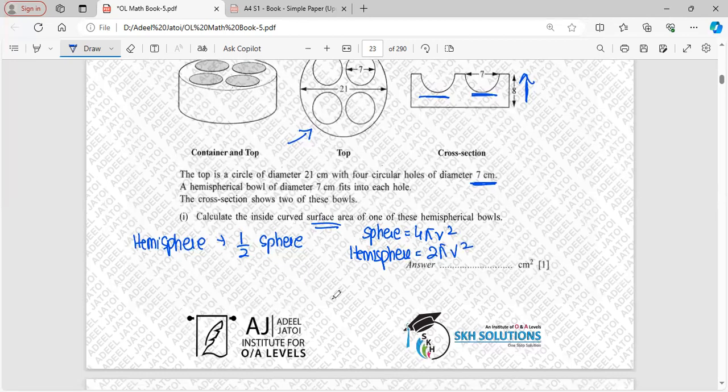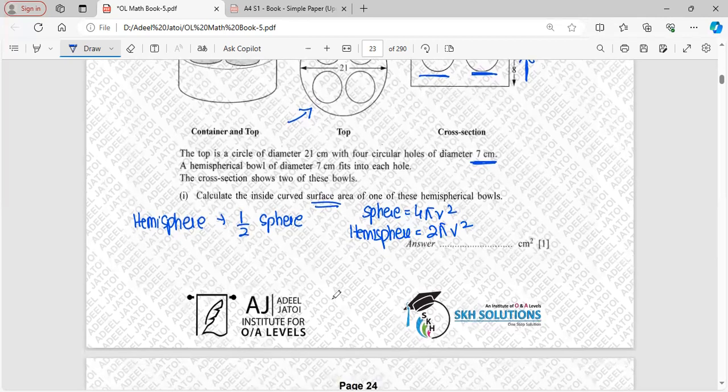Now, when it is 2 pi r square, we need to find the radius for each, which is 3.5, because your hemisphere has a diameter of 7. So radius will be 3.5. So 4 pi r square becomes 2 pi r square now.